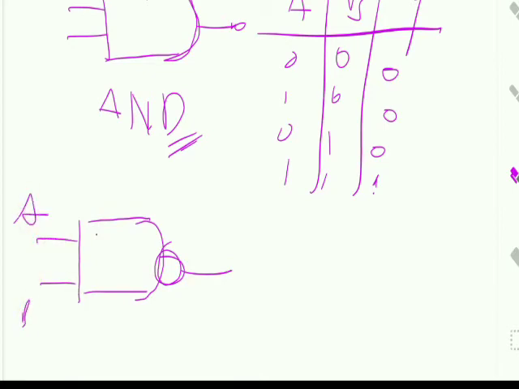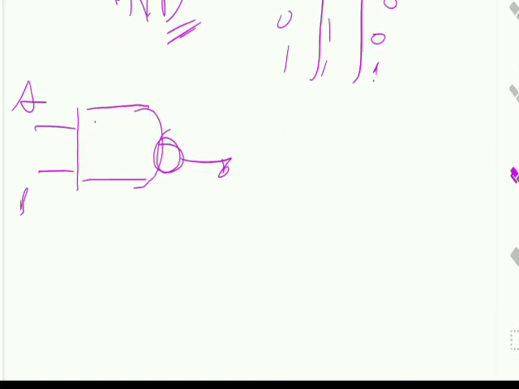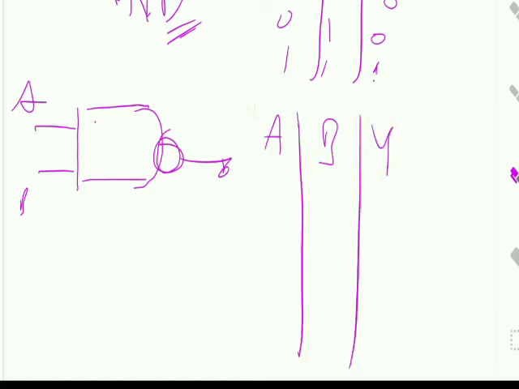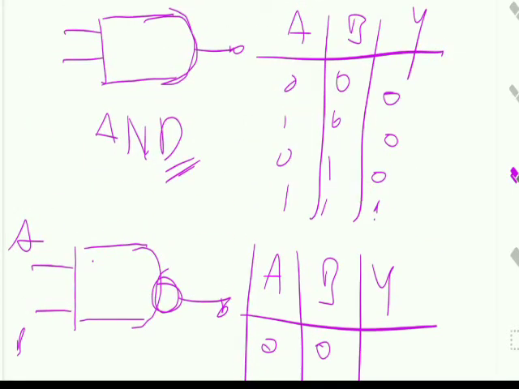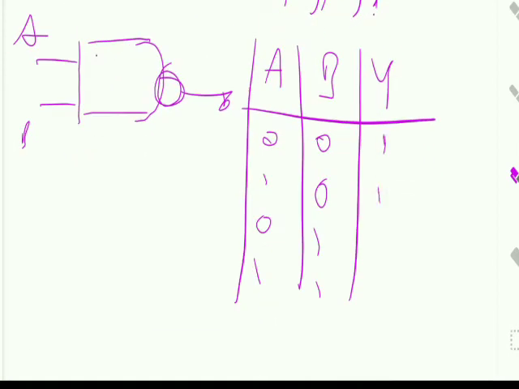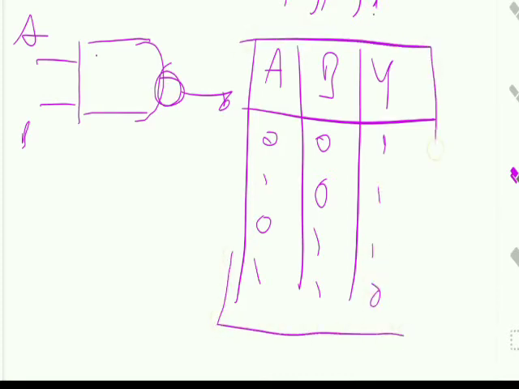Truth table of the NAND gate, A, B, Y: 0 0, 0 1, 1 0, 1 1. So look here: this is 0 0 0 1, reversed 1 1 1 0. This is the truth table of the NAND gate.